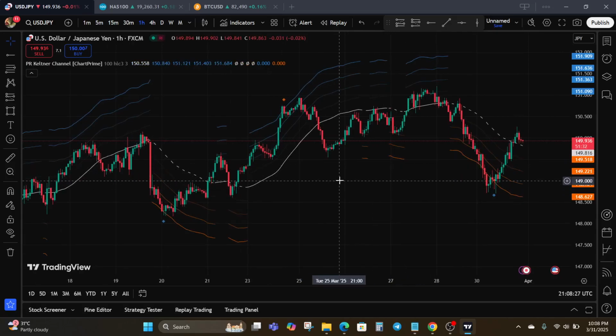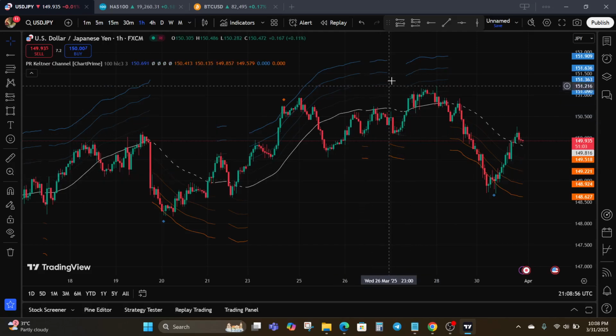So you might be wondering how the Polynomial Regression Keltner Channel works. Basically, this indicator is a combination of polynomial regression and the Keltner Channel. It's an effective combo, right? This makes it a hybrid tool that offers both trend direction and volatility-based trading signals. So here's what makes it powerful.